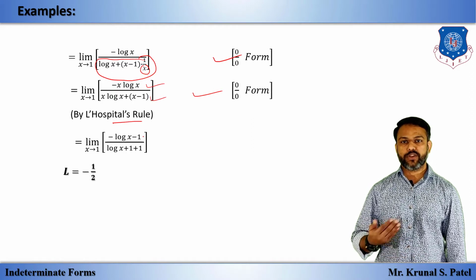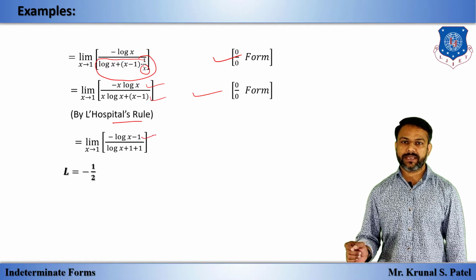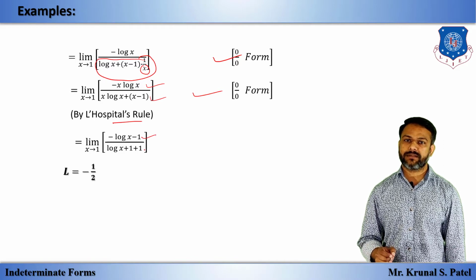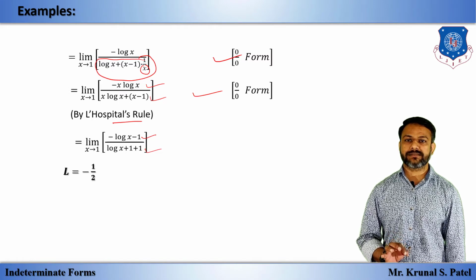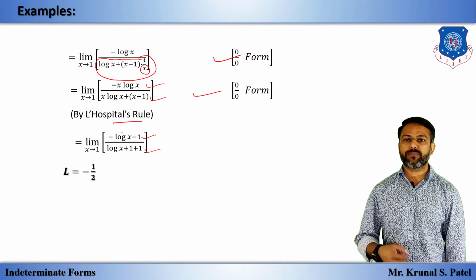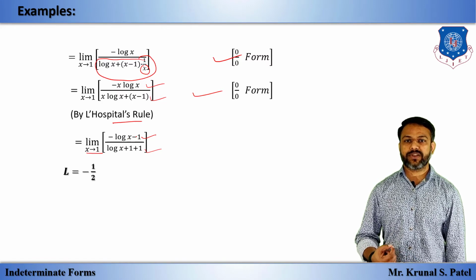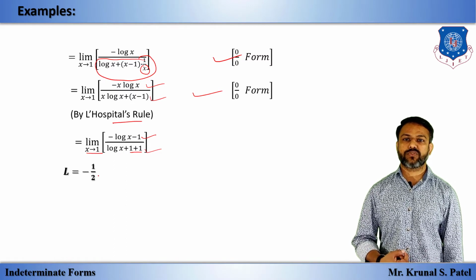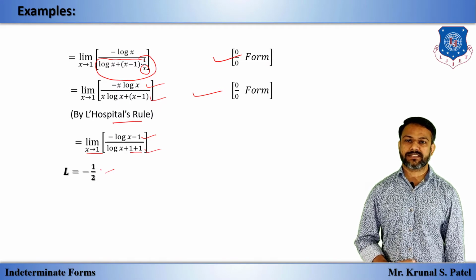So in the numerator apply product rule, in the denominator also we apply product rule and differentiation of x minus 1. So we have this derivative. Now if we put 1 here, log 1 is 0 and minus 1 as it is. Same way log 1 is 0 in the denominator and plus 1 as it is. So we have minus 1 by 2, which is our final answer.